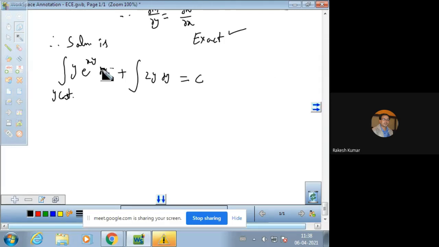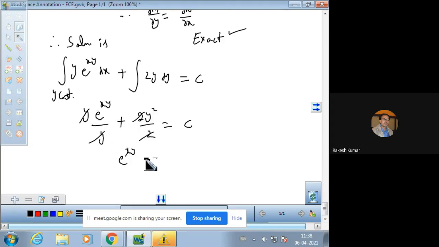Now you can integrate here. So y e raised to power xy, the integration is with respect to x, and it comes out to be e raised to power xy, plus 2y square over 2, that is c. 2 can be cancelled, y can be cancelled. So e raised to power xy plus y square is equal to c. So this is the solution of the given differential equation.